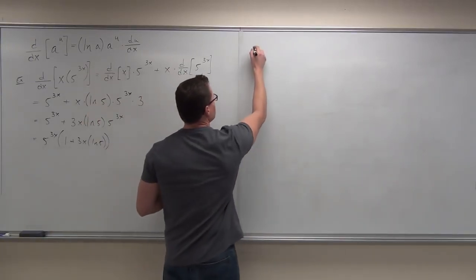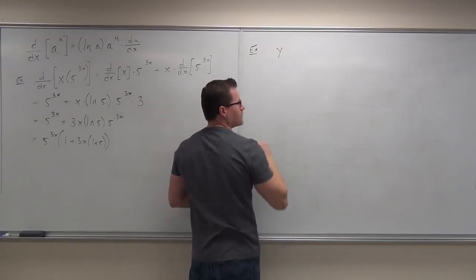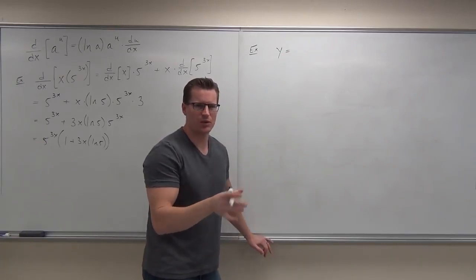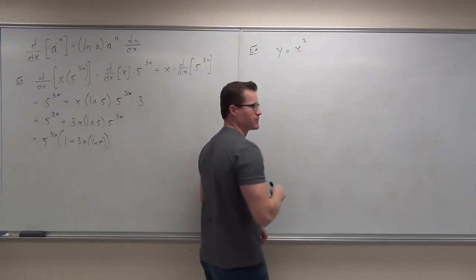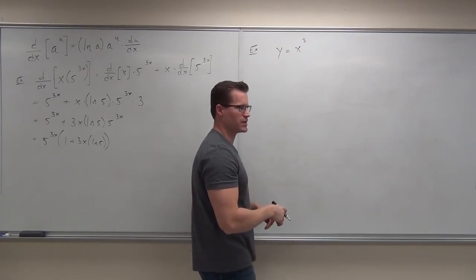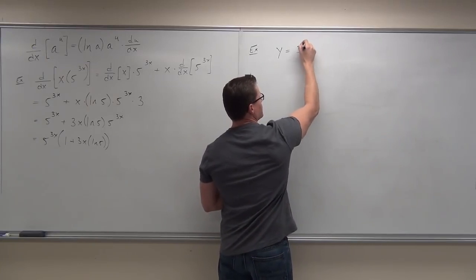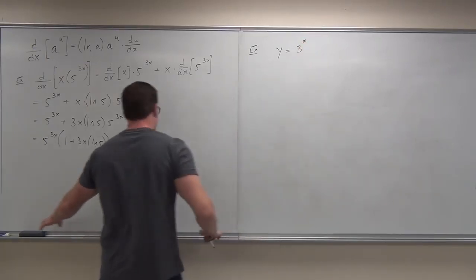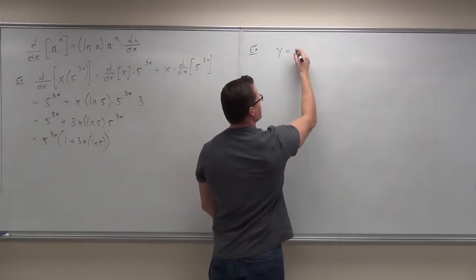What if we have a function, because we've dealt with this before. We've dealt with stuff like x to the third. That's really easy, right? And we've dealt with now 3 to the x, and that's actually pretty easy. What in the world are we going to do if we have a combination of those ideas?